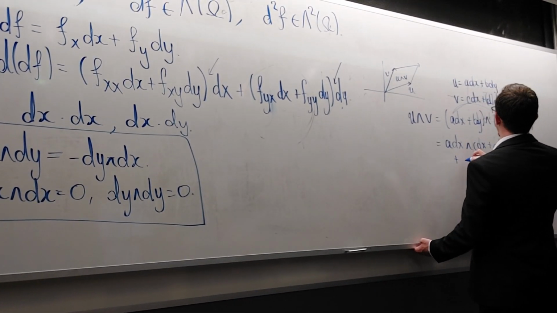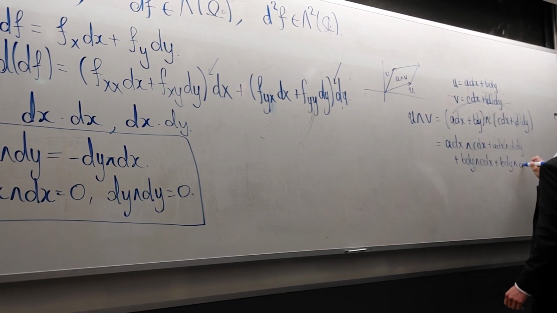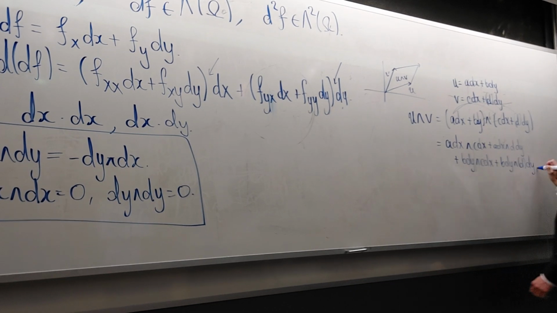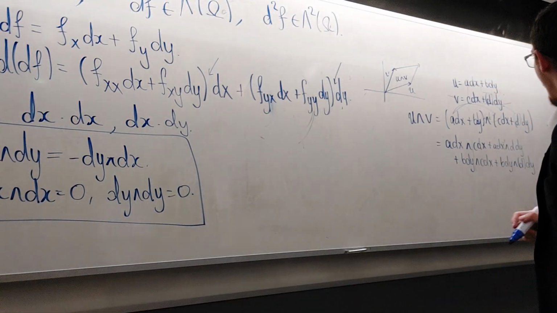I'll have now b dy wedge c dx plus b dy wedge d dy.